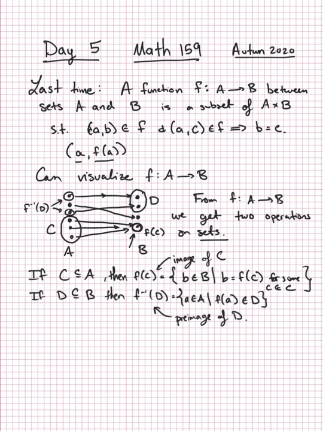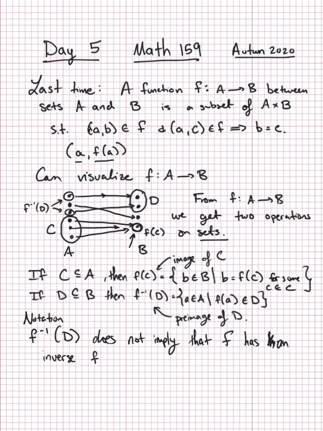Okay, so that's something to notice, even though we use the notation f inverse of D, the notation does not imply that f has an inverse, which would go from B to A. Okay, so what do I mean by an inverse function?